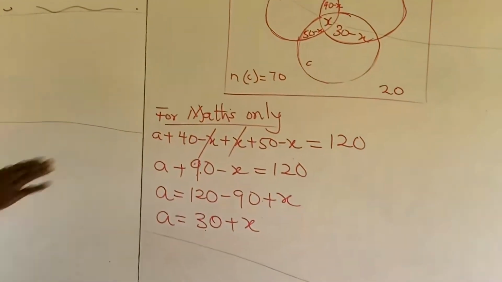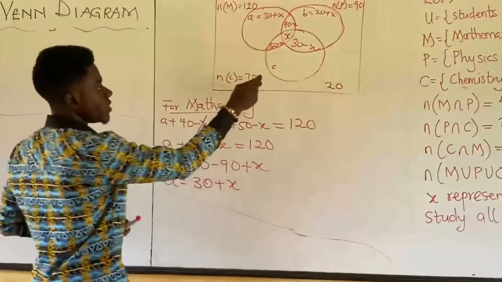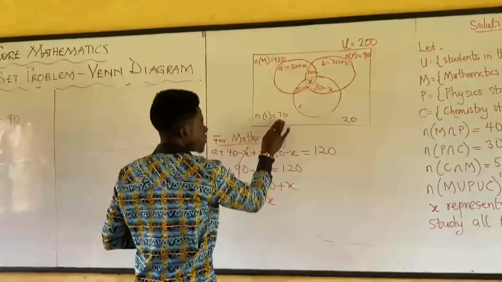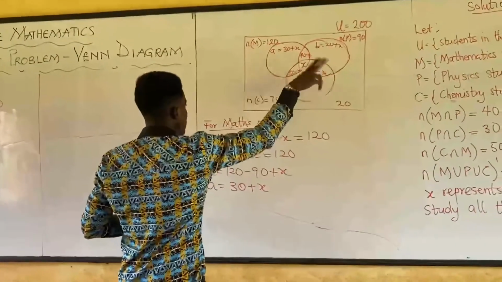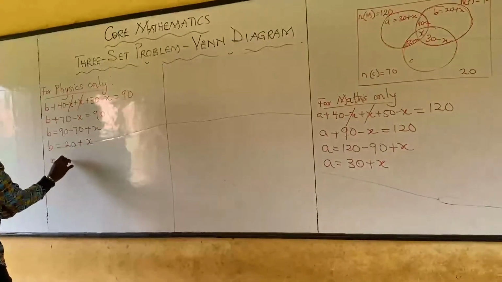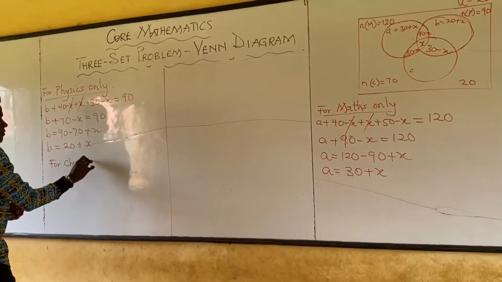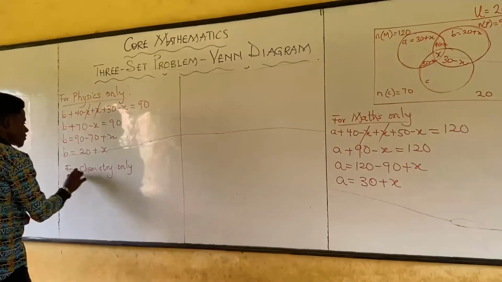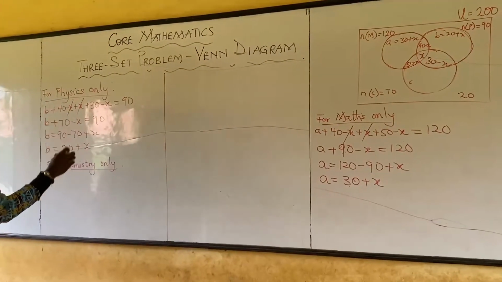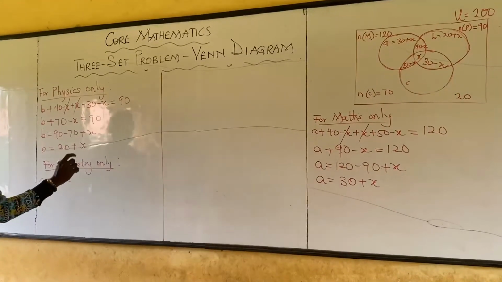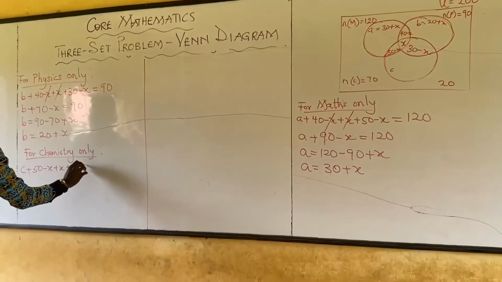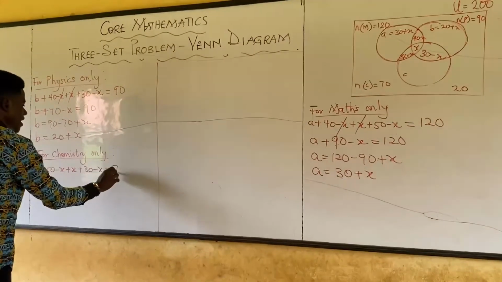Then we also solve for C only, meaning chemistry only. So that one will be C plus 50 minus x plus x plus 30 minus x equal to 70, because when you sum everything in this overlap, it should give you 70.